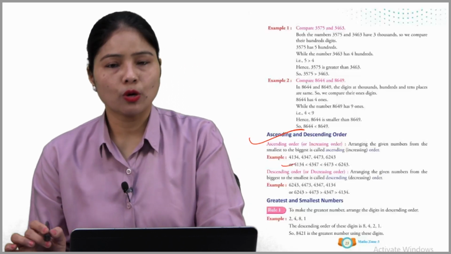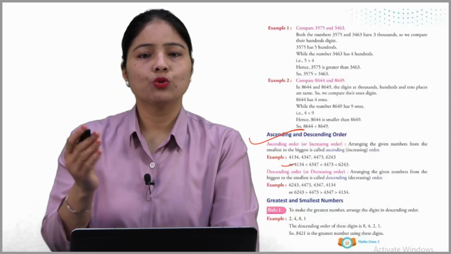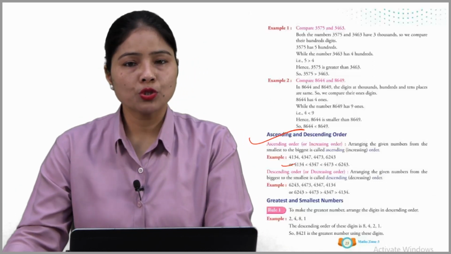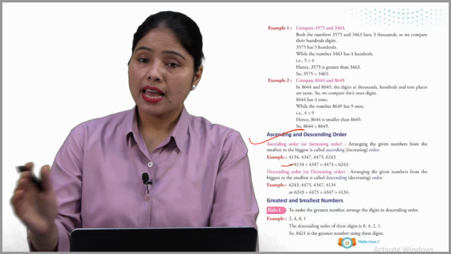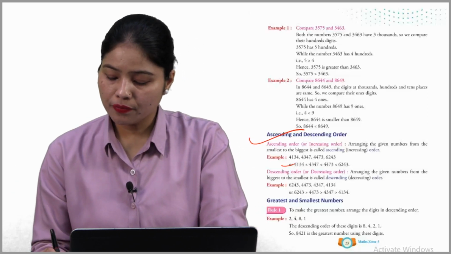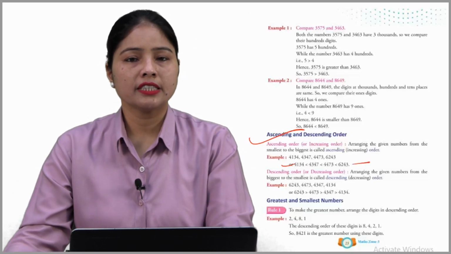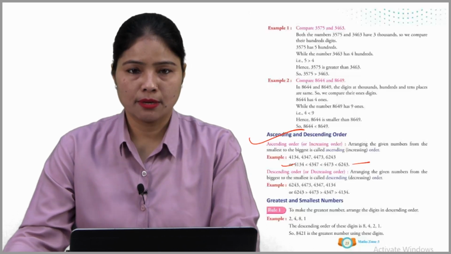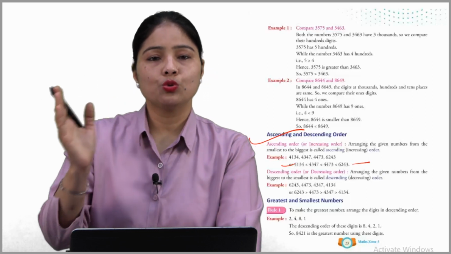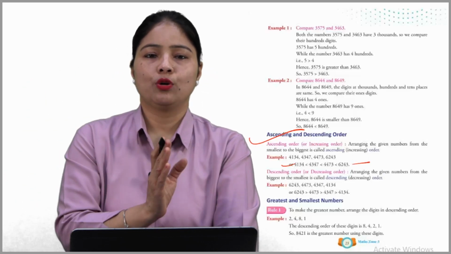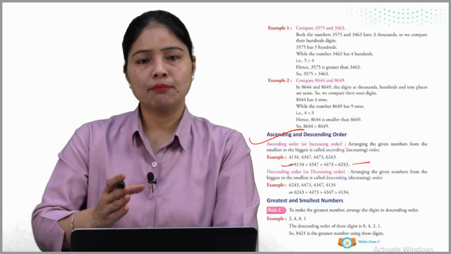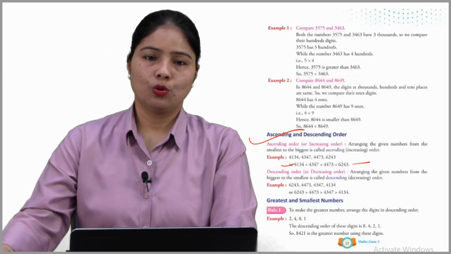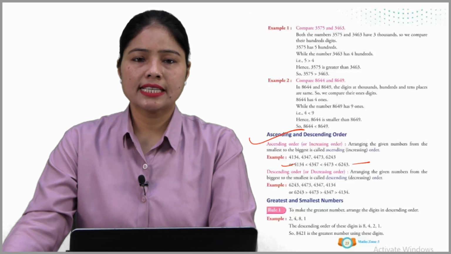So start with the smallest number, then after that 4347, after that the bigger number 4473, and at the last the number 6243, which is the greatest number, or you can say the biggest number. So this is how we have to solve ascending order. Smaller number, then bigger number, then a still bigger number, and at the last the biggest number. Okay. So move on to descending order.